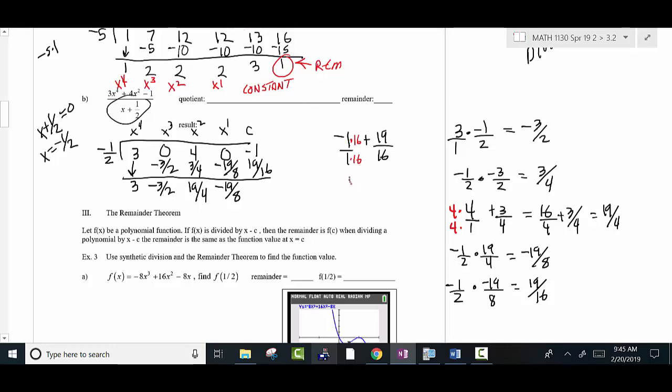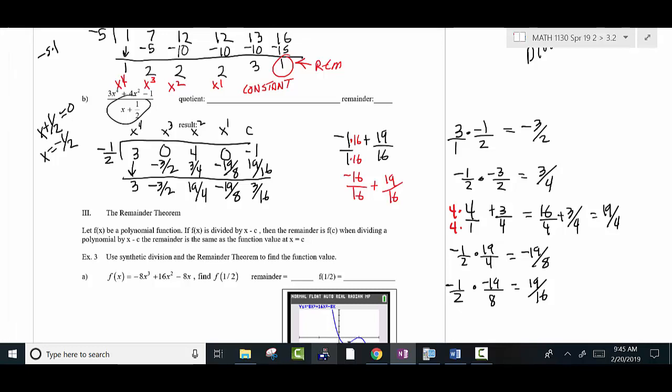So that's going to give -16 over 16 plus 19 over 16. So that looks like the remainder is going to be 3 over 16. You'll have to deal with that sometimes. Don't use decimals. The reason you don't use decimals is because they're going to repeat. You'd have to round. We don't want to round. We want to get everything exact. That's the idea.